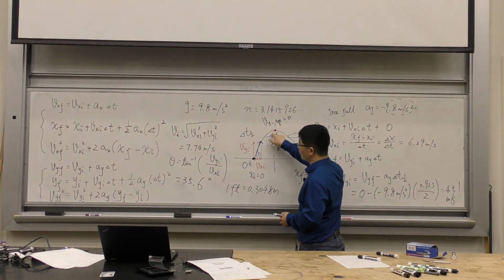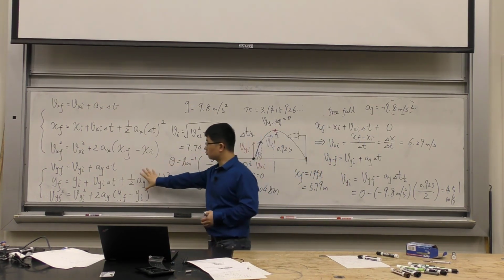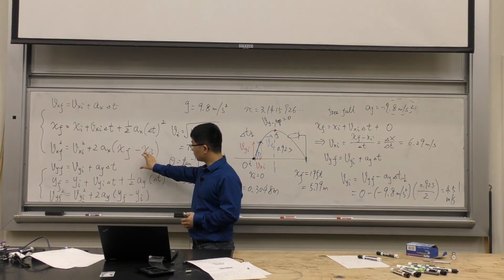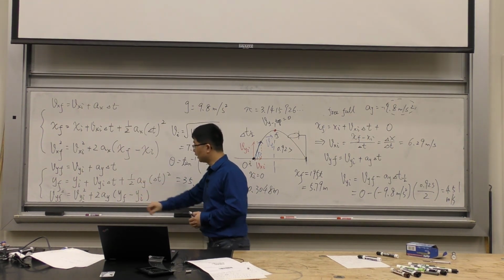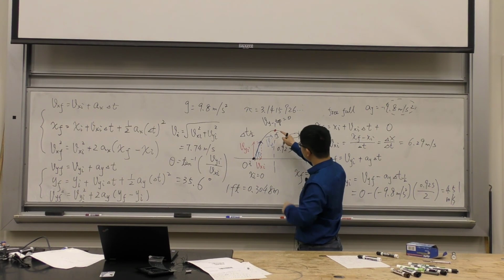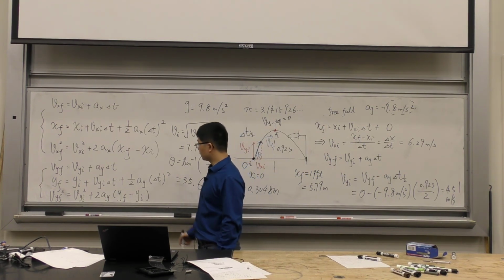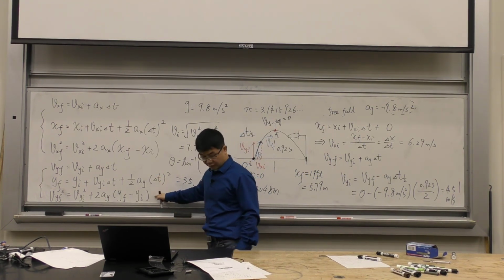So if you want to find height at the top, you're still gonna go to y direction, right? You're finding a height. In y direction, you're gonna pick one of these equations, okay? And if you want to find the height at the top, you're still gonna call this final. So you can use either the second equation or the third equation, right?